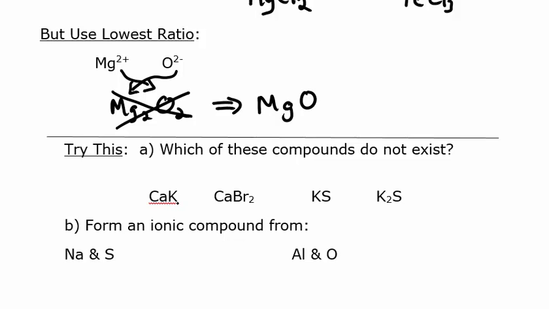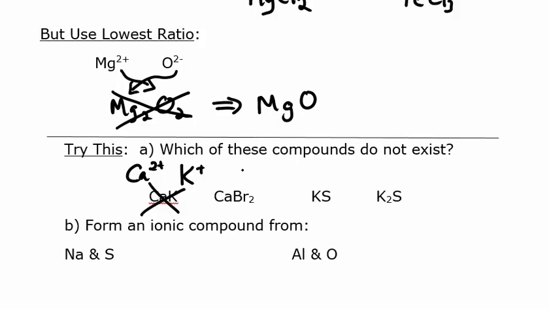Okay, calcium and potassium. What is the charge on a calcium? Look at the group where it is. It's group 2. It'd be calcium 2 plus. Potassium is K plus. You're never going to get a compound that's just a plus with a plus. That will not neutralize. You need a plus and a minus, so that's not going to work.